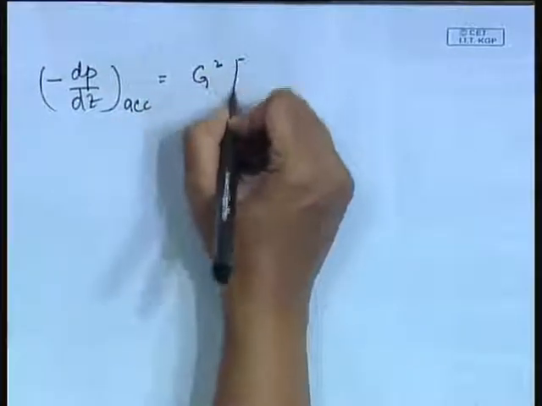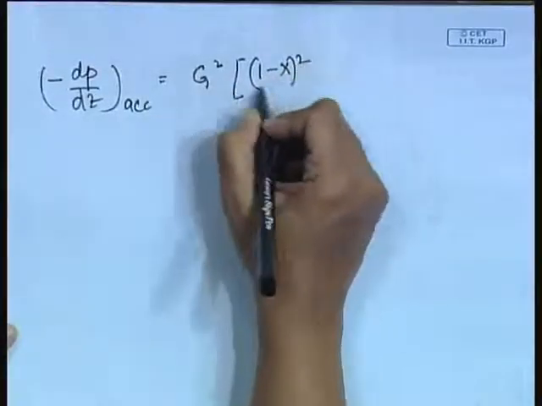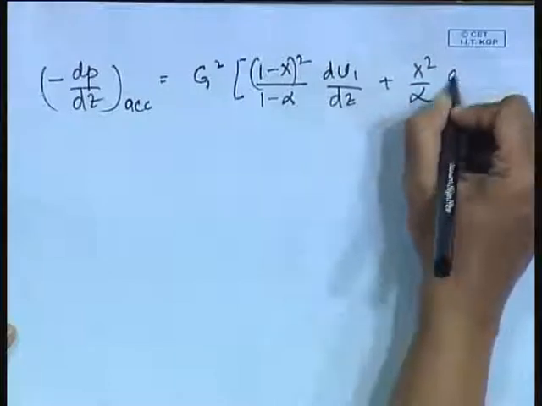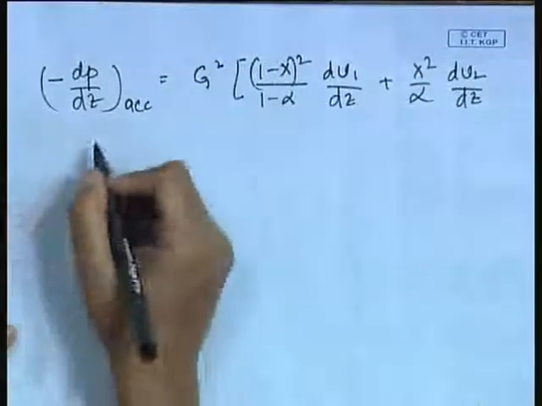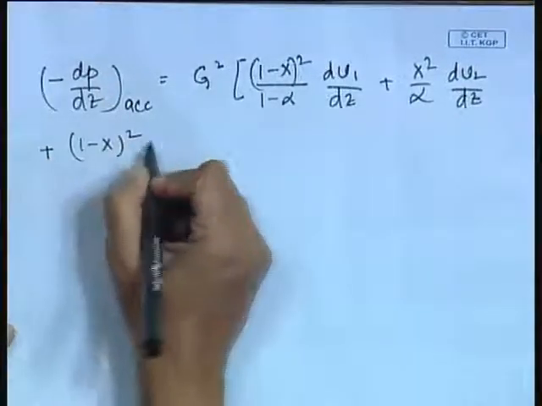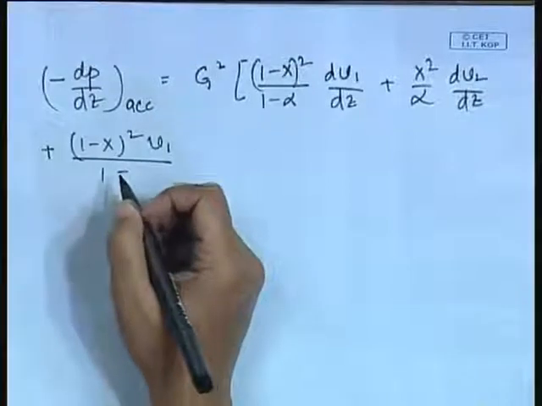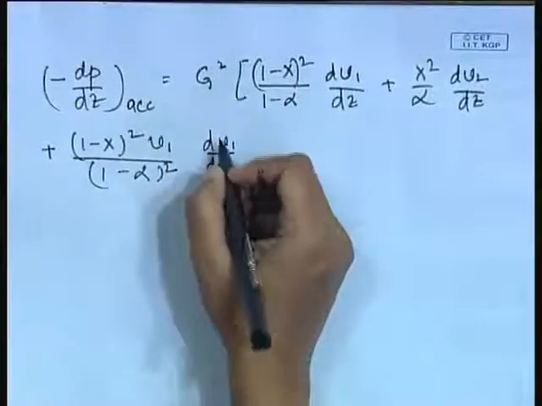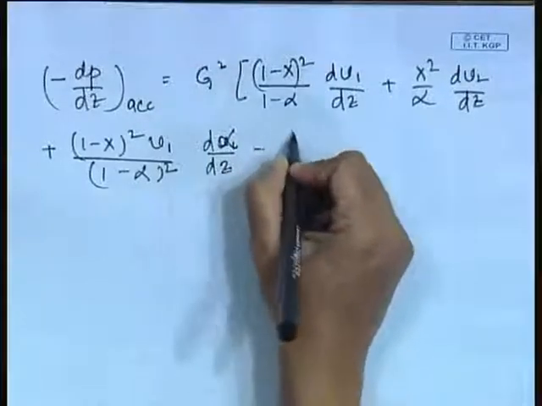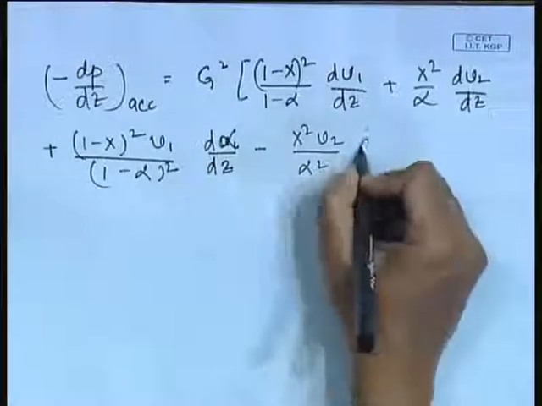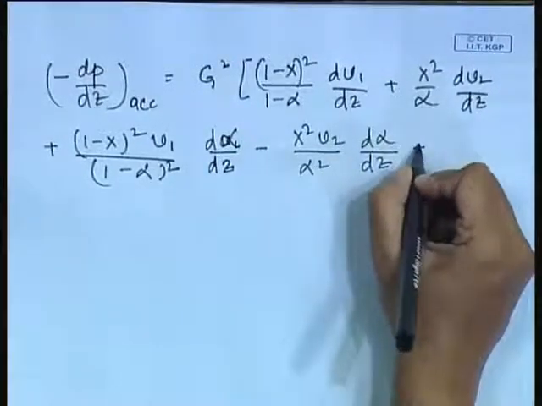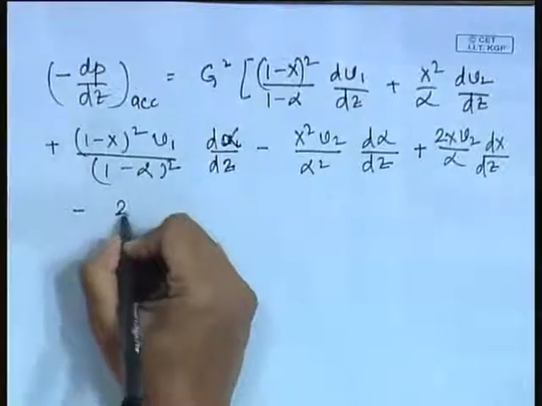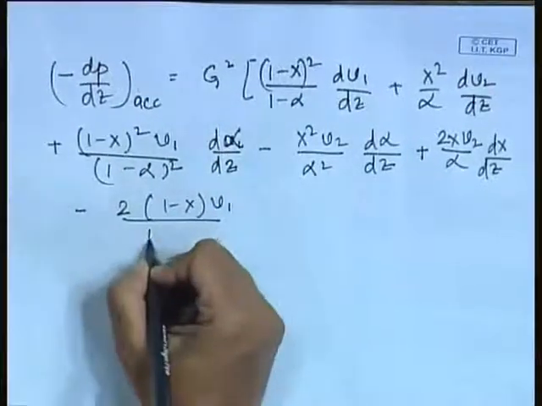This is equal to g square, 1 minus x whole square by 1 minus alpha dv1 dz plus x square by alpha dv2 dz plus 1 minus x, simply I am writing down whatever I have got so far, by 1 minus alpha whole square dv1 d alpha dz minus x square v2 by alpha square d alpha dz plus 2x v2 by alpha dx dz minus 2 into 1 minus x v1 by 1 minus alpha.